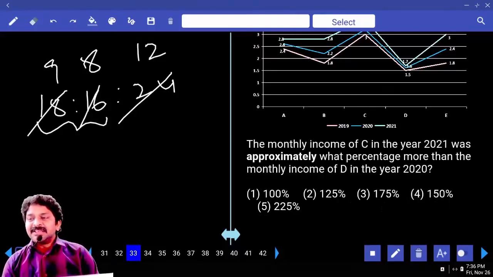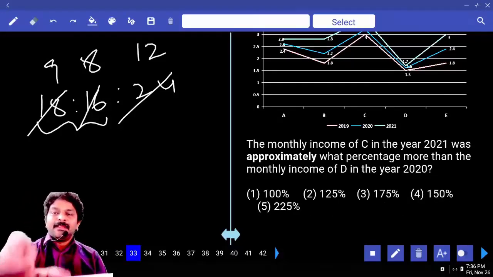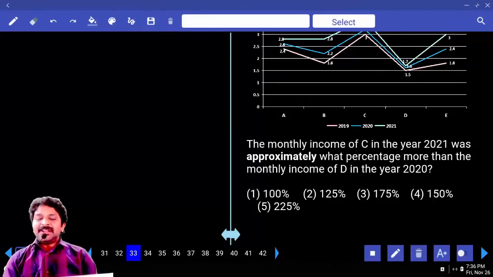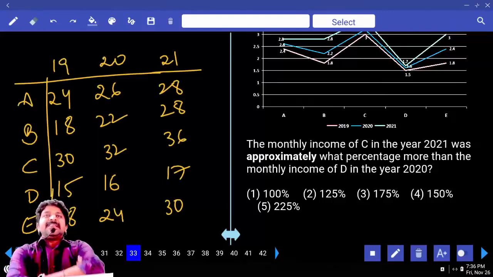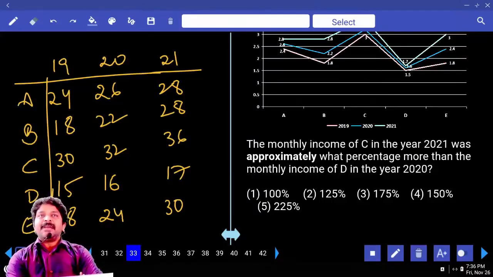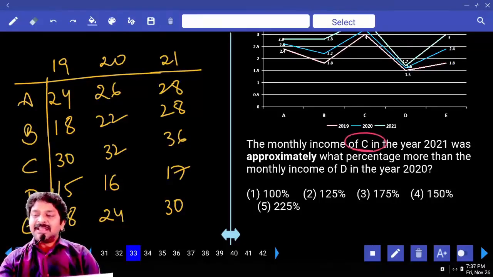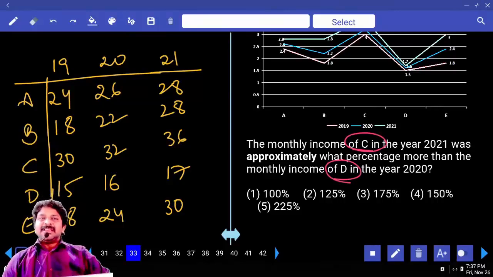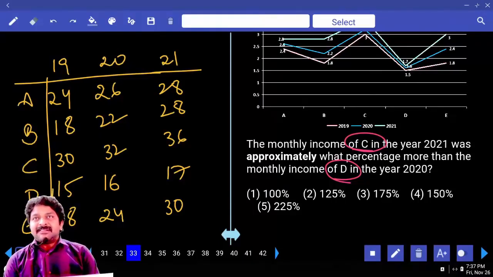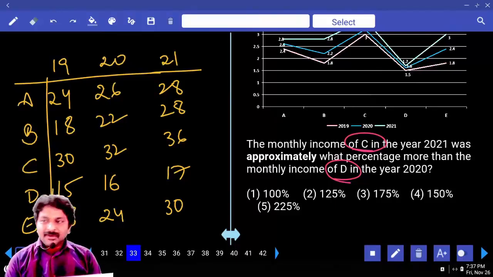The monthly income of C in the year 2021 was approximately what percent more than the monthly income of D in 2020? The given data is yearly income only, but in the question they are asking us to compare monthly salaries, right? So for C we have to calculate monthly and for D also monthly. That means both numbers are divided by 12 only, so you need not consider that; you can consider the original numbers directly.